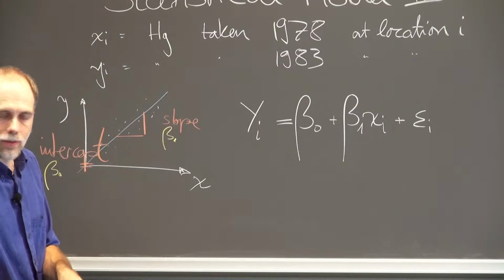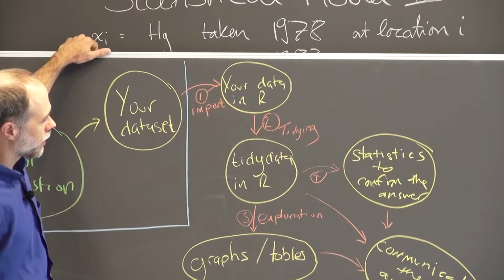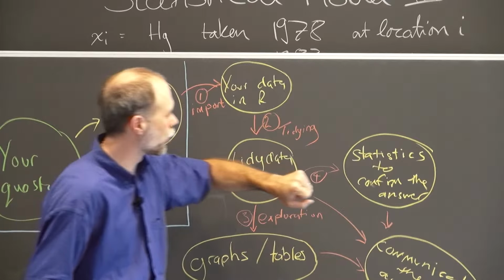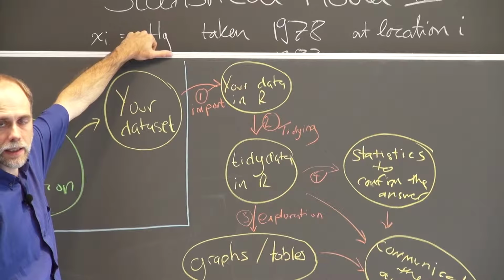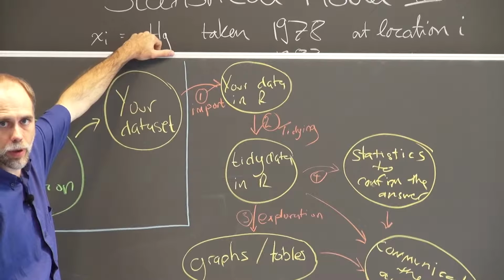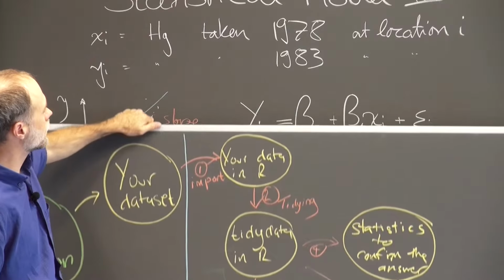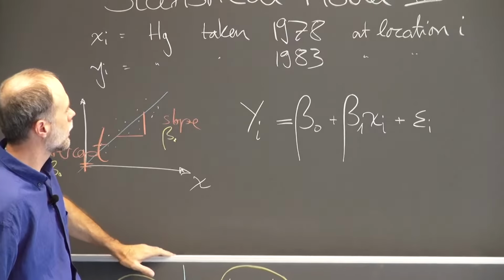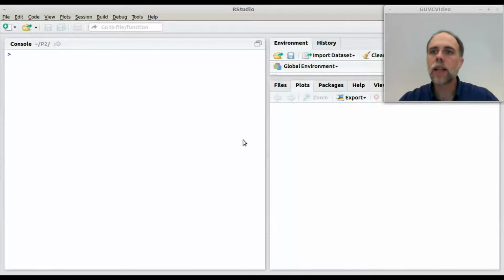These best guess values can then be used again to tackle point 4, statistics to confirm the answer: there is a relationship between the data measured in 78 and 83.